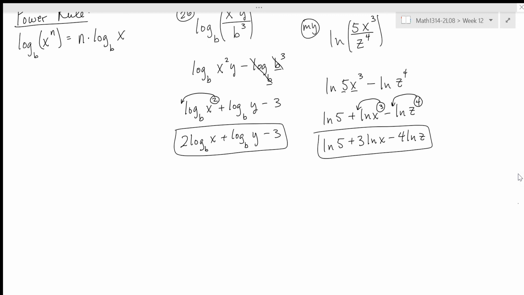Got it? Okay, now we're going to put them back together. And that's going to take us to problem number 35. 35, we've got log base A 75 plus log base A of 2.